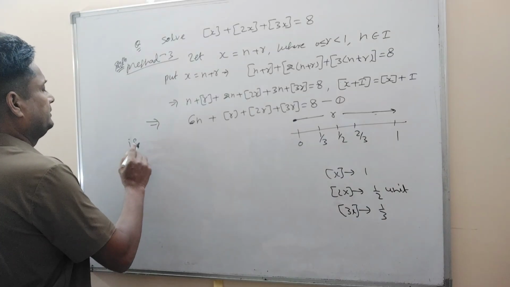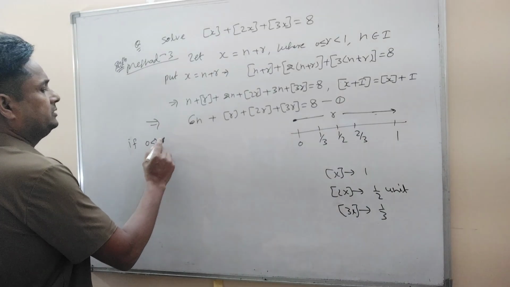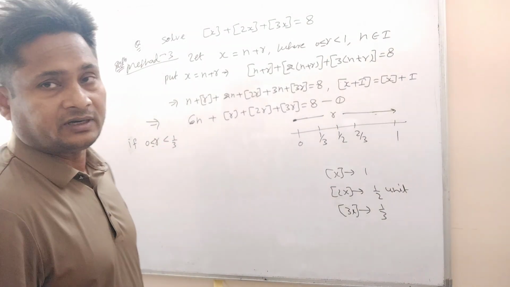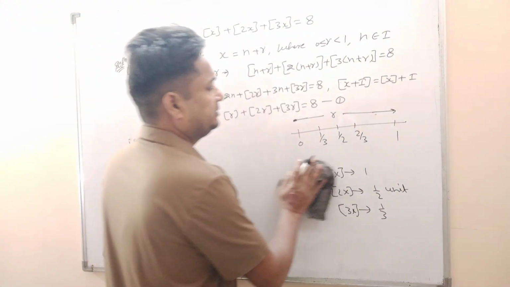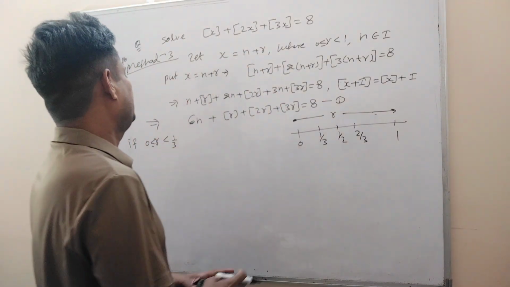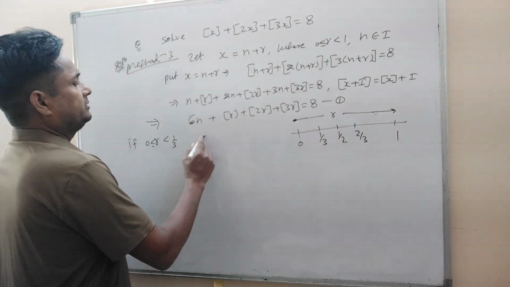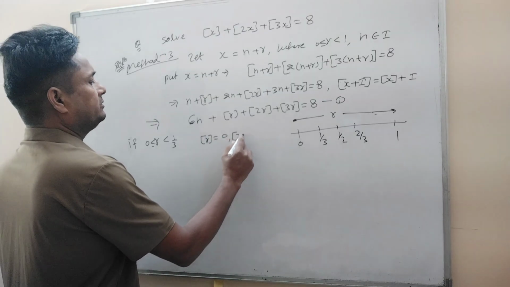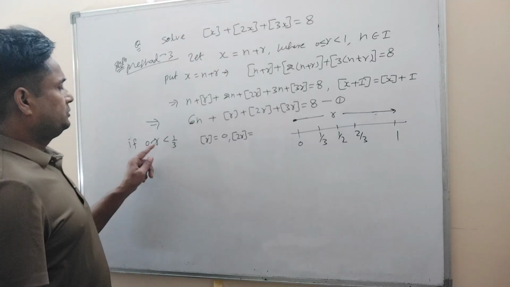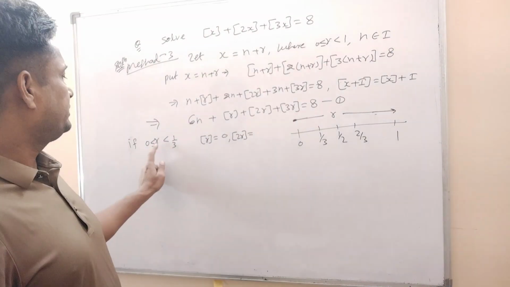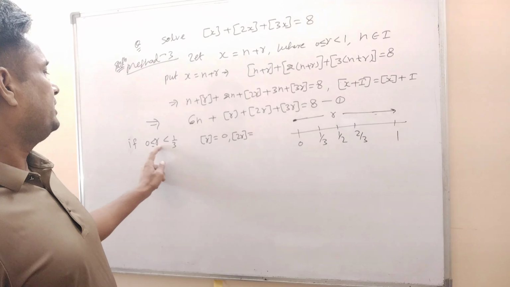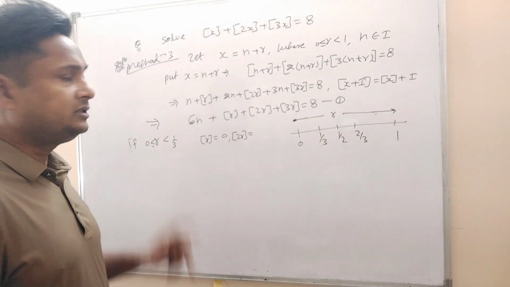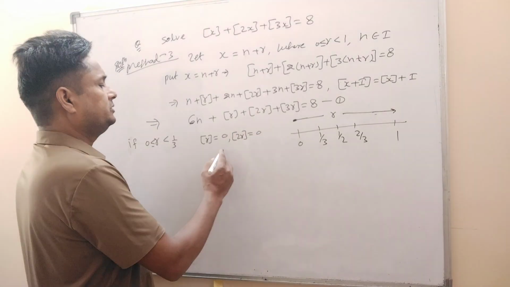If r is 0 to 1/3, then greatest integer of r will be 0. Greatest integer of 2r: 2r lies between 0 to 2/3, which lies between 0 to 1, so this will also give you 0.